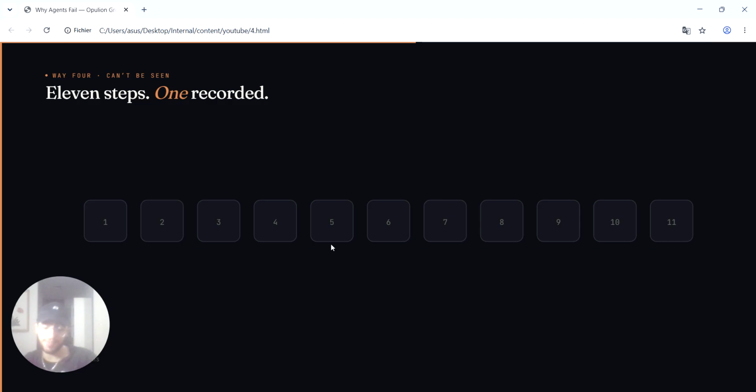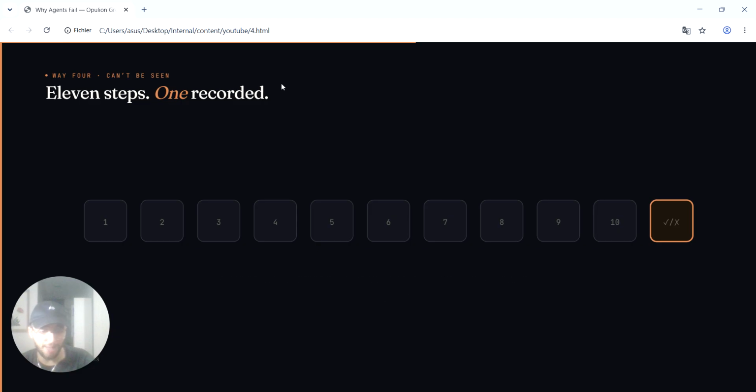This real system had 11 distinct steps inside it, let's say 11 internal stages of reasoning and action. And let's say it logged exactly one thing: did the whole thing work? Yes or no? Maybe one bit. All 11 steps would be completely dark, with no visibility at all into what happened inside them.